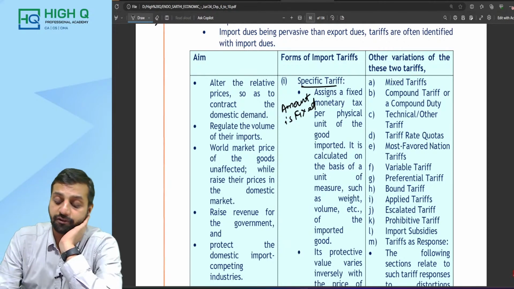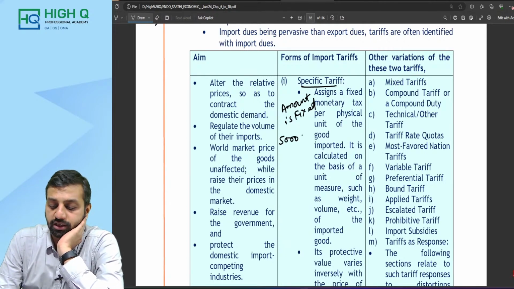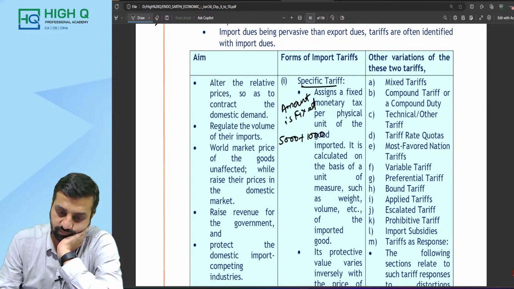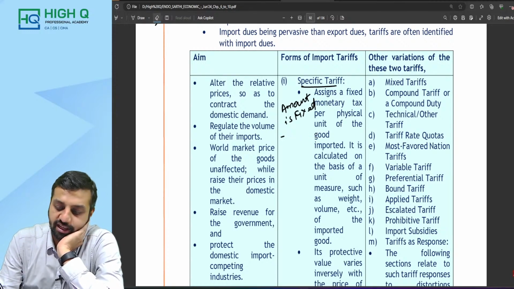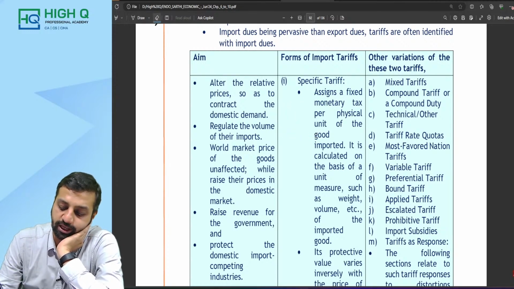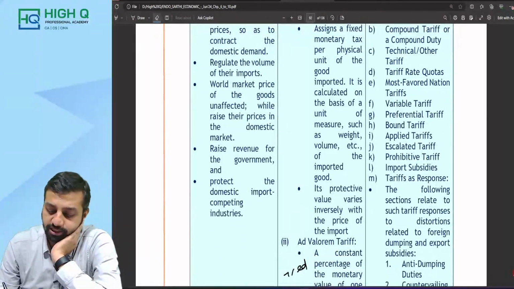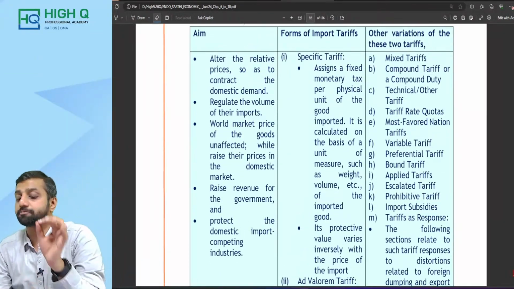So for example, if a particular commodity is worth 5,000, tax is 1,000. So that is called as a specific duty. Amount is fixed. Ad valorem means percentage is fixed.